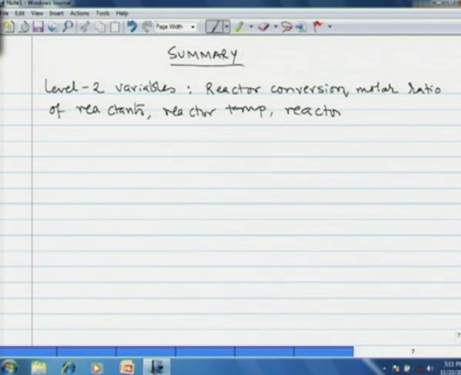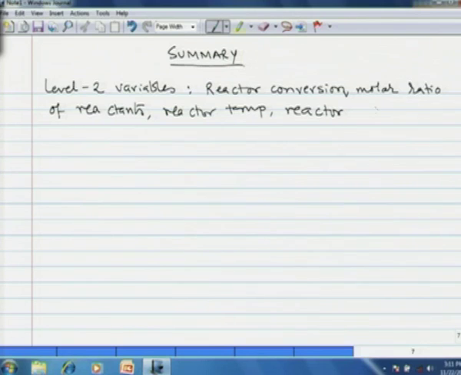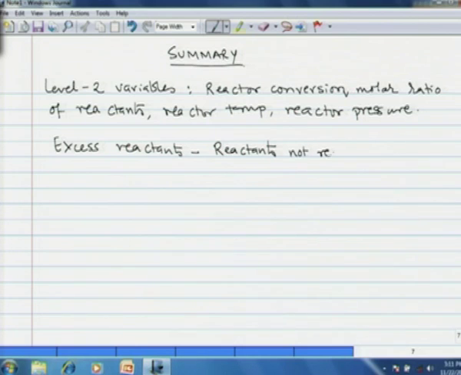I am not including here reactor configuration because, as I just said, at the preliminary level these details are not included. The economic potential at preliminary level should be sufficiently promising to take up this additional effort. And for excess reactants, reactants not recovered and the recycle purge stream.